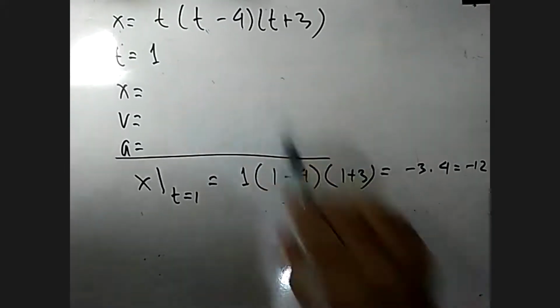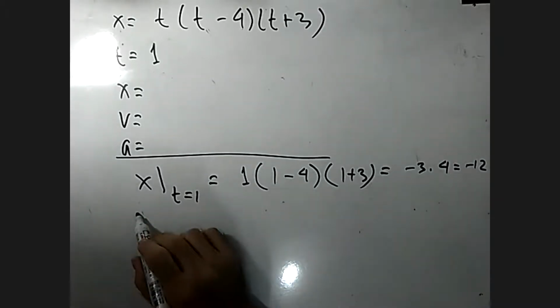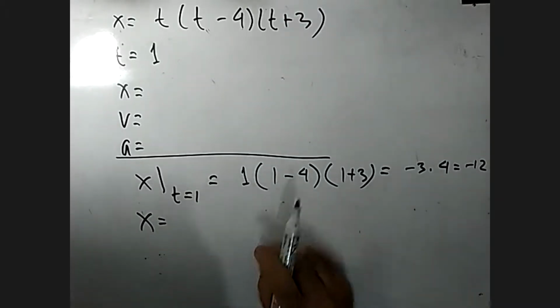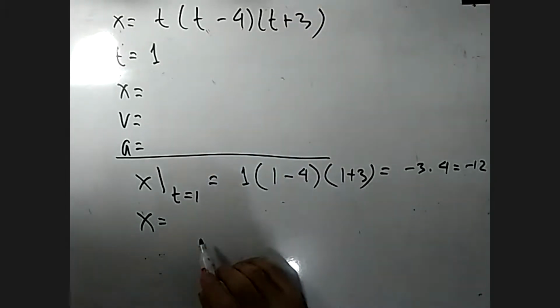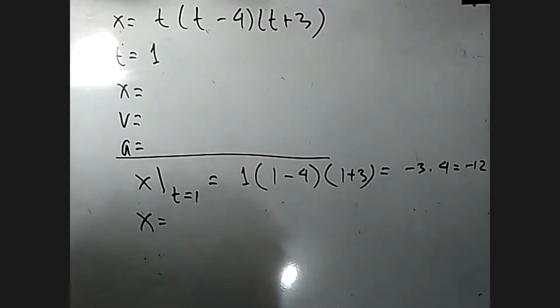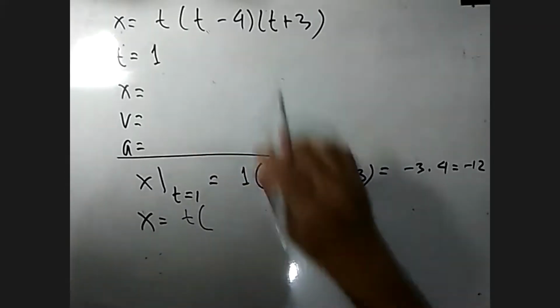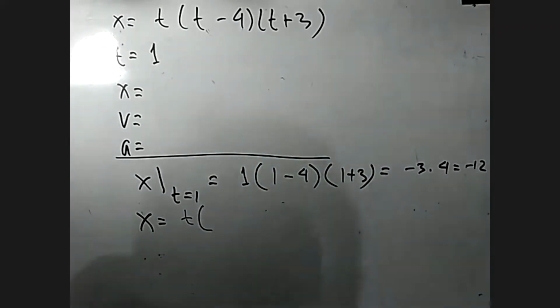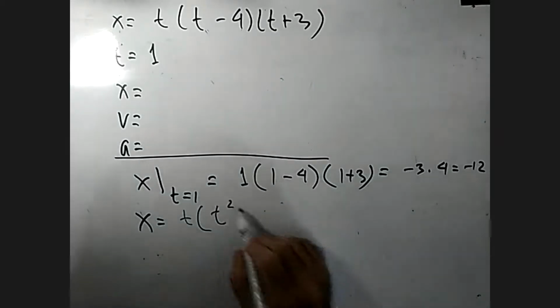Multiply this first. Okay. Sharon, let's multiply this X here. Find X by multiplying all of this. So leave the t here. Let's multiply t minus 4 and t plus 3. Oh, okay. T times t is t square.